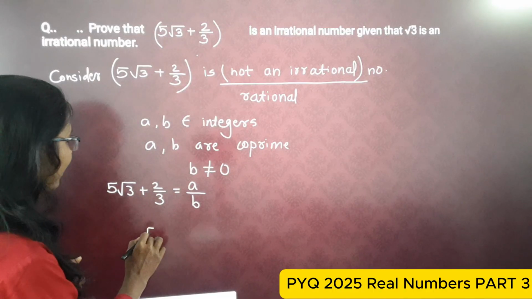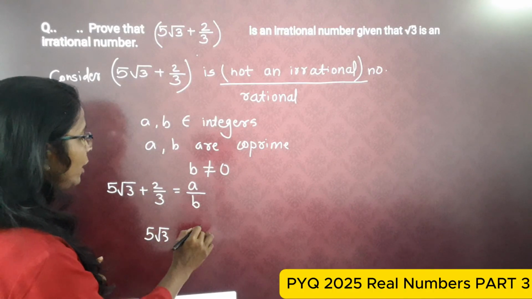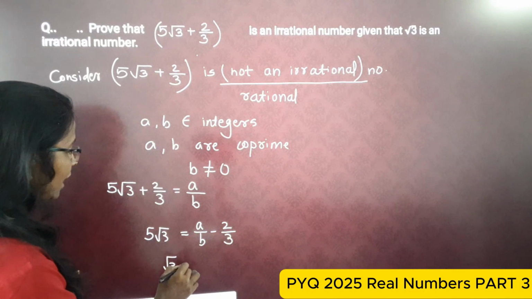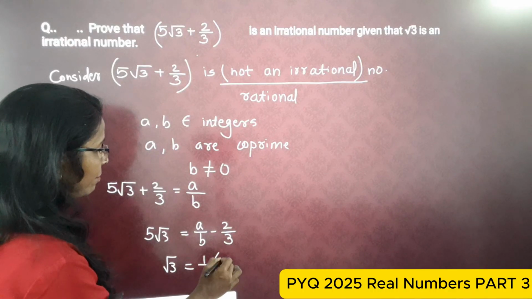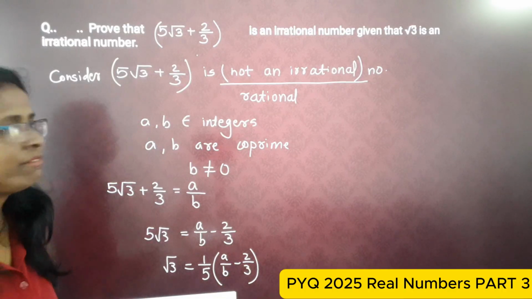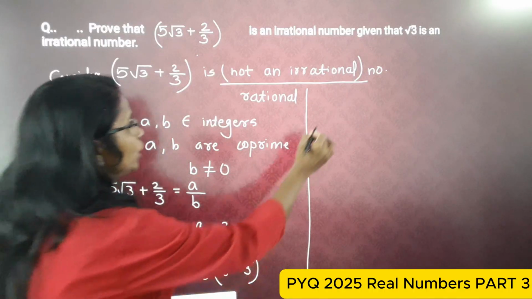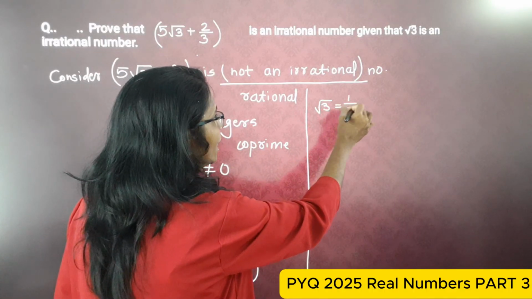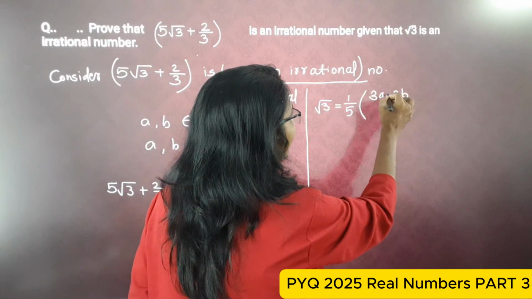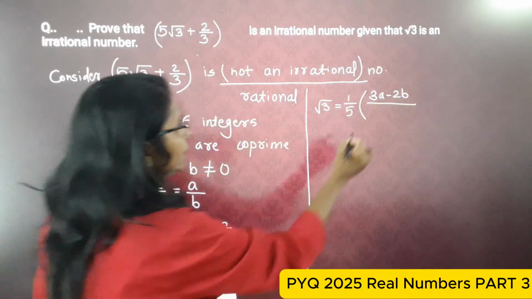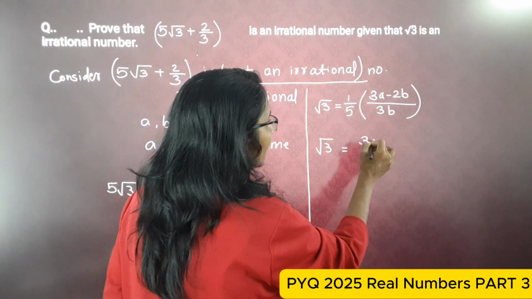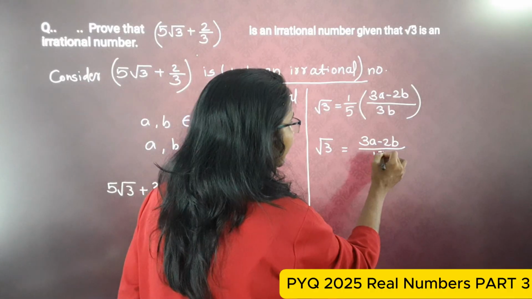By simplification, 5 root 3 is equal to a upon b minus 2 upon 3. So root 3 is equal to 1 upon 5 multiply a upon b minus 2 upon 3. Further simplifying, root 3 is equal to 1 upon 5 multiply 3a minus 2b divided by 3b. So root 3 is equal to 3a minus 2b upon 15b.